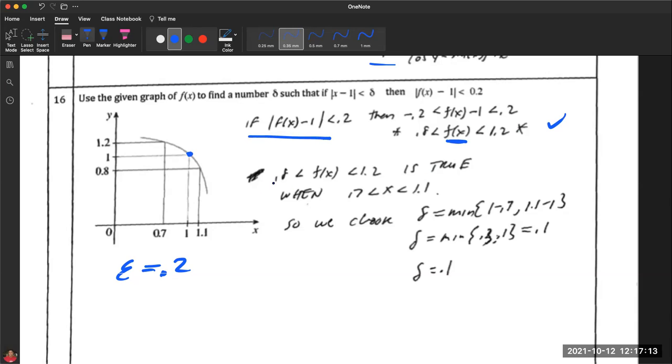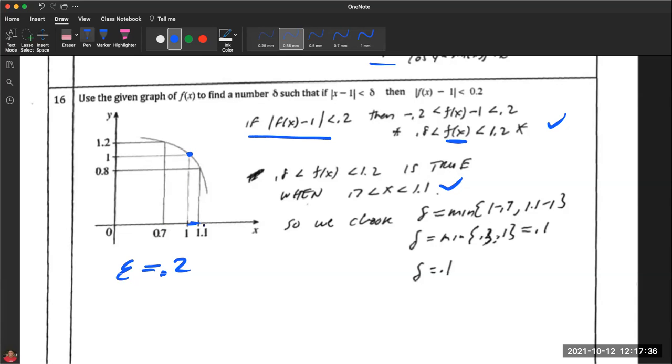And then if you have the 0.8, if f(x) is between 0.8 and 1.2, right, is true, this is true when what? When x is between 0.7 and 1.1. So that's what we're looking for. So when we're looking for the delta, we're always looking for the delta that's closest to it, right? That makes it true all the time to be within 0.2.